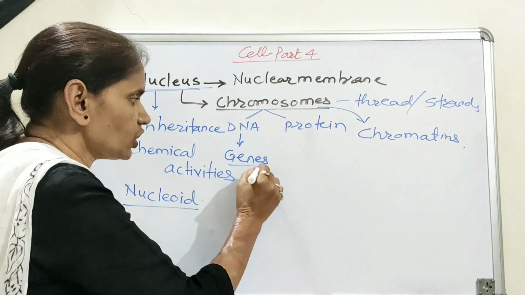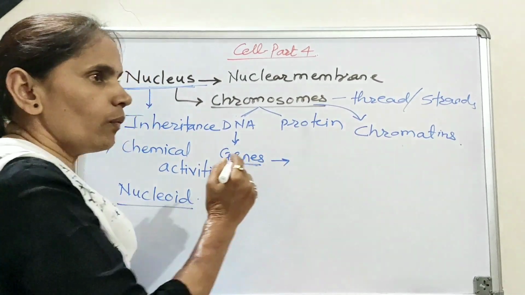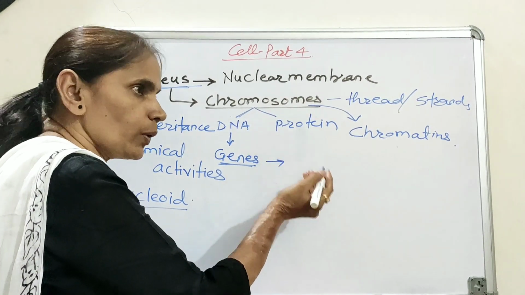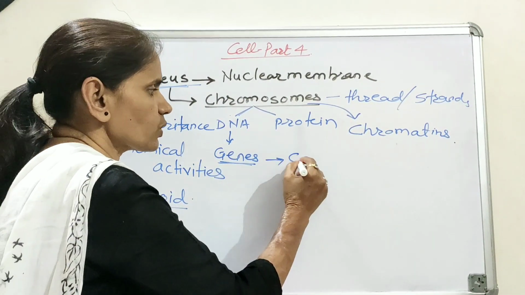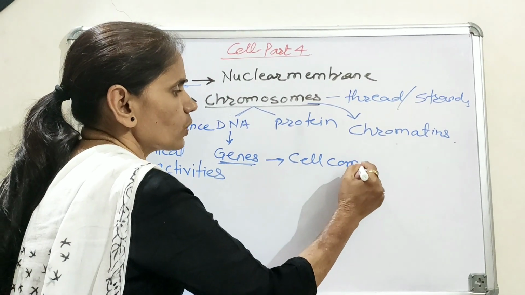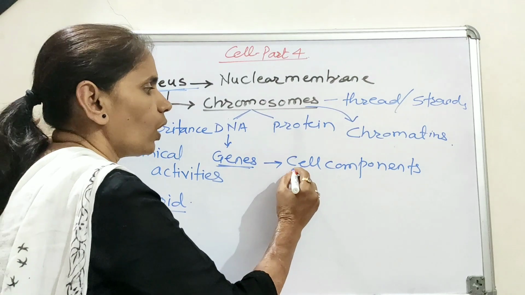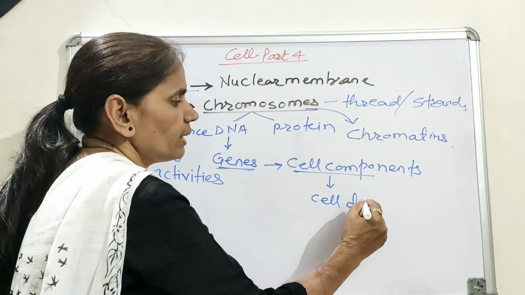The different genes that are present on the DNA are responsible for formation or synthesis of different proteins or the different cell components. So genes are responsible in the synthesis of various cell components that are having the key role in the process of cell division.